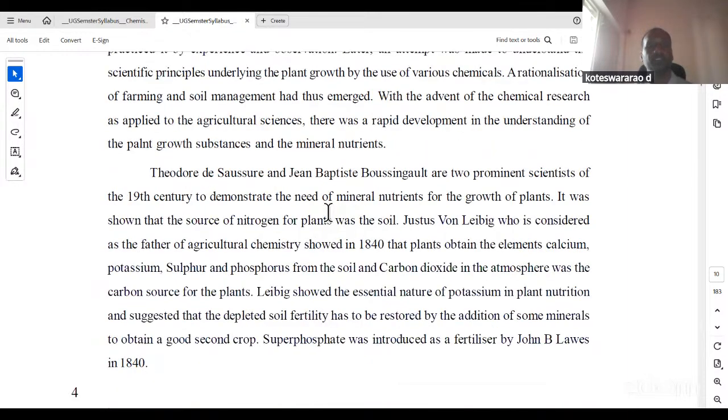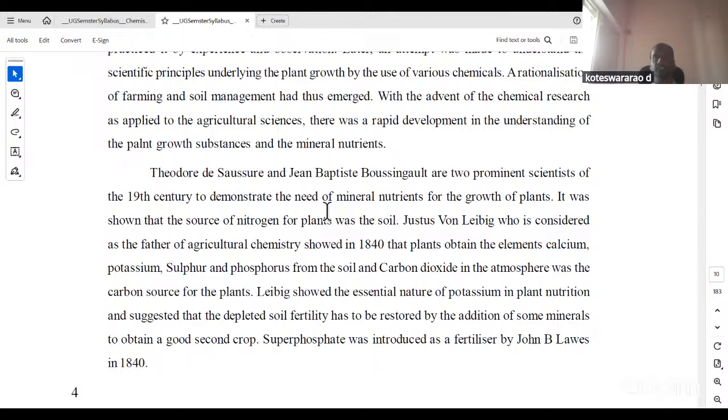Next, Theodore de Saussure and Jean Baptiste Boussingault are two prominent scientists of the 19th century who explained the need for mineral nutrients for the growth of plants.